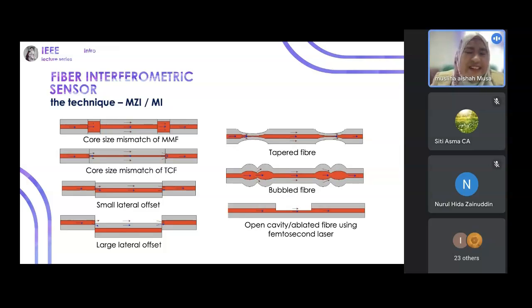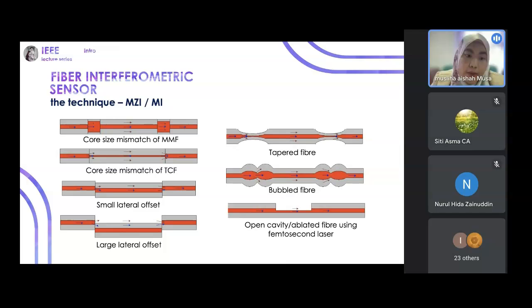Okay. Next, the techniques for how we want to use MZI, or as an example, MZI or MI. For this, how do we want to fabricate the fiber? For this one, the core size mismatch of MMF, we use MMF as a coupler.